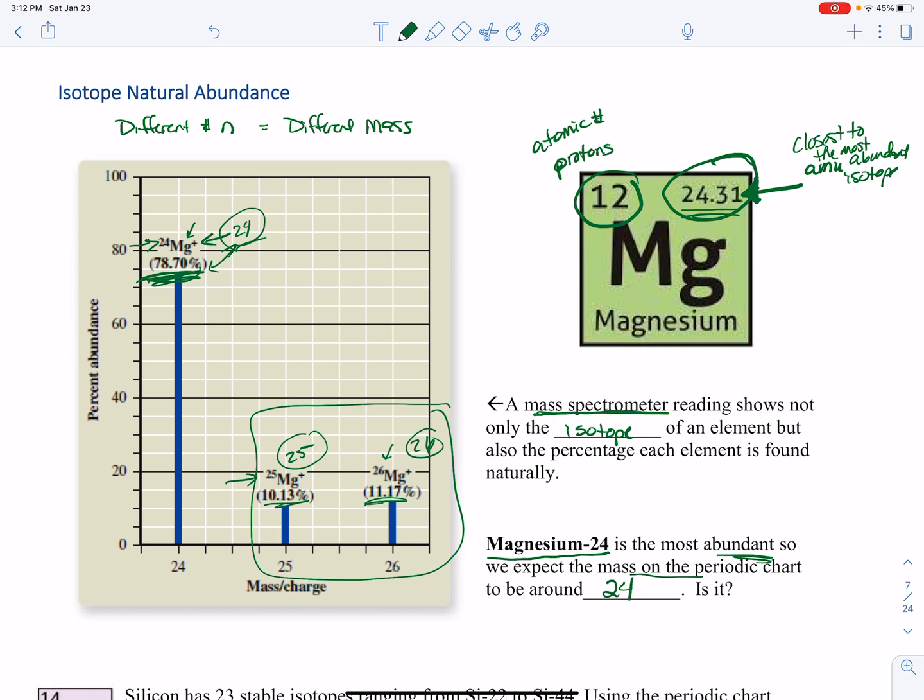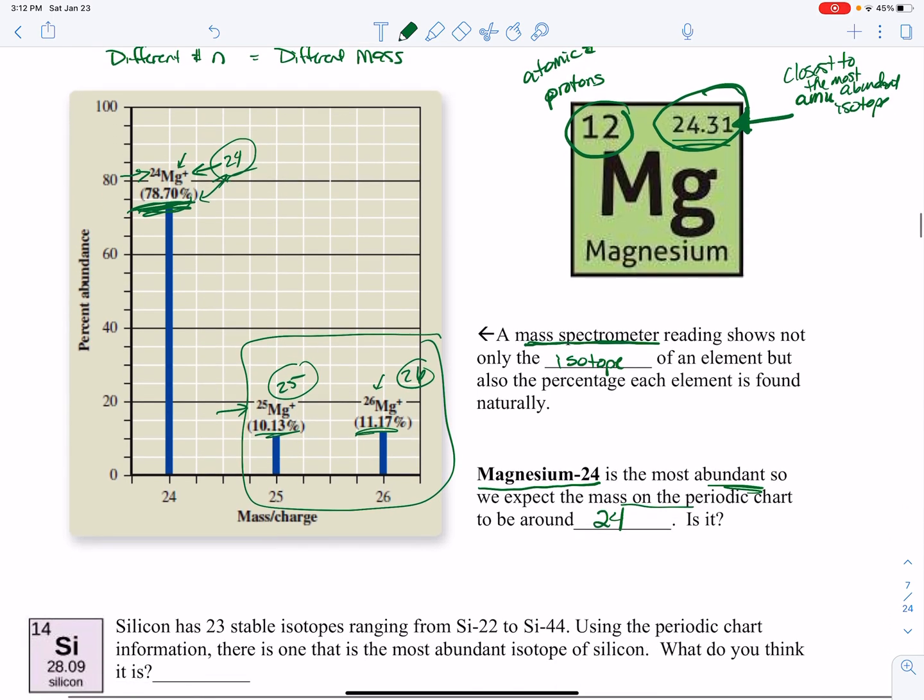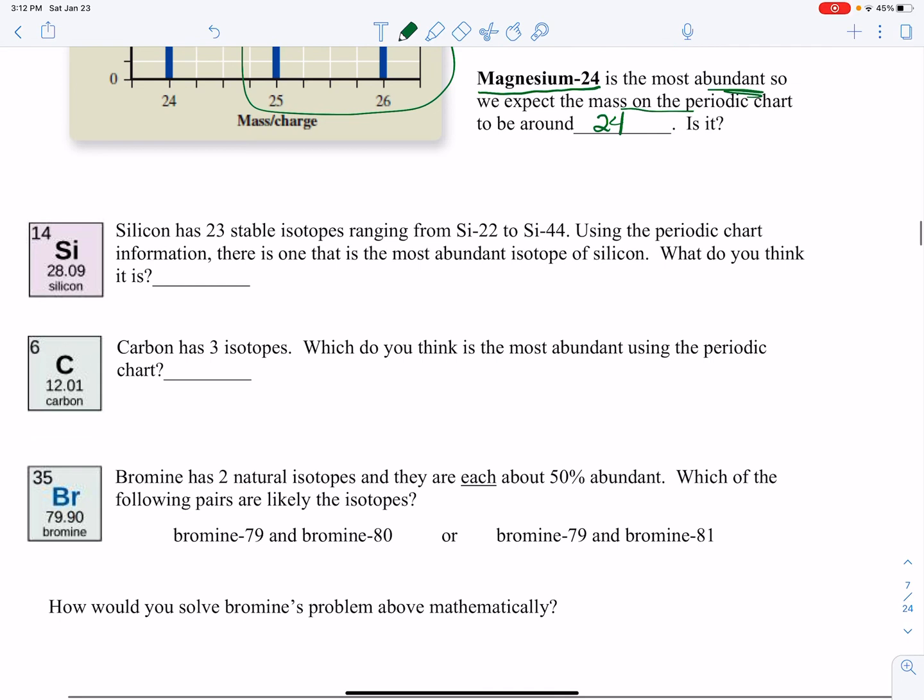Let's practice making it easy, and then we'll actually do the math with it. Silicon has 23 stable isotopes, ranging from silicon 22 to silicon 24. Using the periodic chart, there is one that is the most abundant isotope of silicon. What do you think it is? Remember, this is the number of protons.